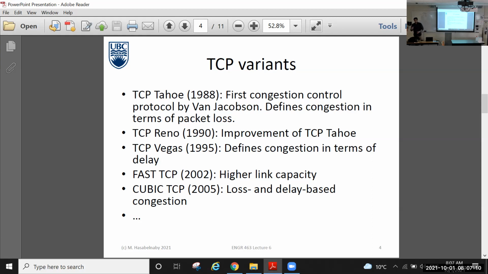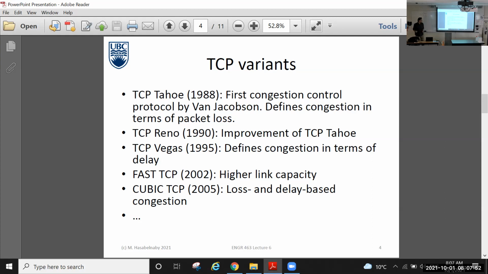With further improvement in the technology, we have some buffering technologies. So we can store the packets that exceed the network capacity in a buffer. And once the channel becomes idle, I can transmit the packets in the buffer. Okay, so this is the reason TCP Tahoe and TCP Reno define the congestion as packet loss, and starting from TCP Vegas, we start to introduce the delay as one of the definitions of the congestion.